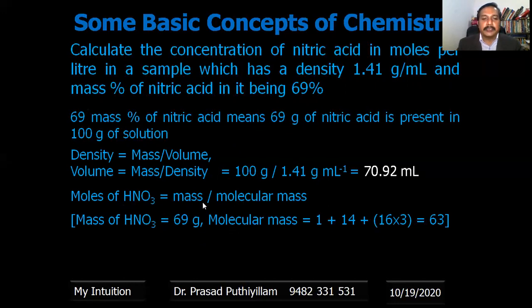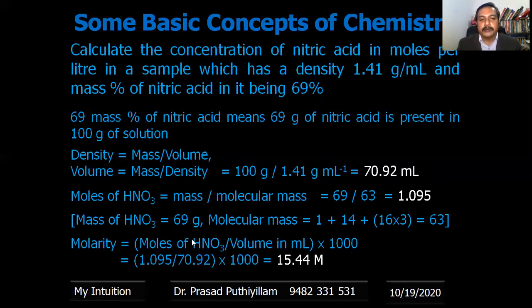Therefore, mass upon molecular mass means 69 upon 63, it becomes 1.095. So we got moles of HNO3 and volume. Therefore, we can calculate the concentration in terms of molarity. Molarity is number of moles of solute per volume in liter. Here volume is given in milliliter, so multiply by 1000. So 1.095 upon 70.92 multiplied by 1000 becomes 15.44 molar.